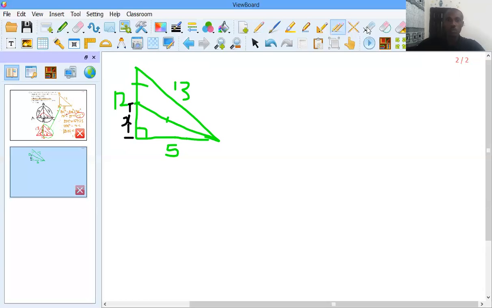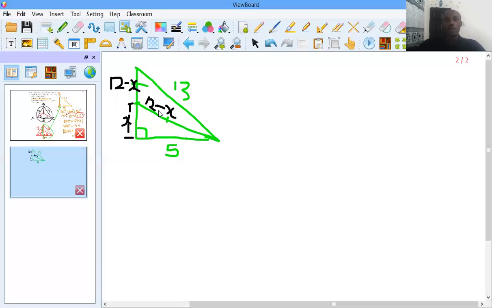Do you agree with me? Sorry, rather 12 minus x, because the whole length is 12. So this is 12 minus x, and in the same way, this length will also be 12 minus x, because the lengths of all radii in the circle are equal.